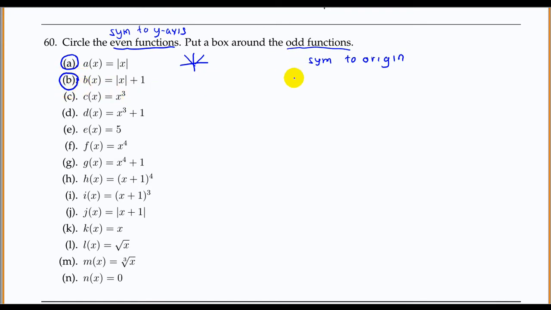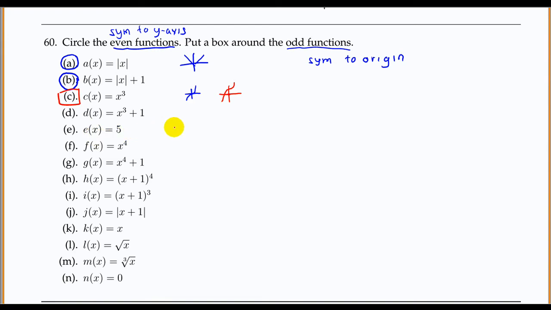X cubed, something like that, is symmetrical to the origin. And if we add 1, we have something like that. It is not symmetrical to the origin anymore, and also it is not symmetrical to the y-axis. So it is neither even nor odd.